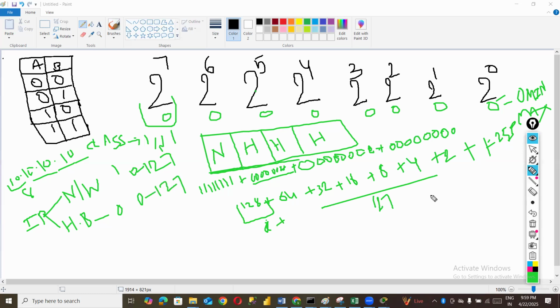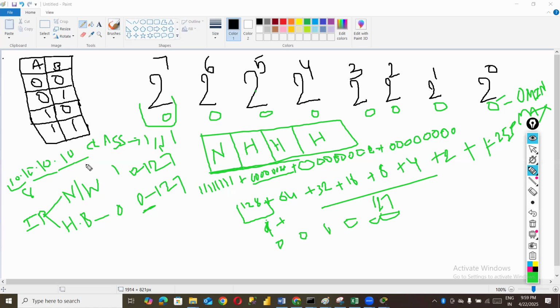And if you take all zeros, the minimum value is 0, right? Minimum values we indicate with 0s, and if you multiply everything, it is 0.